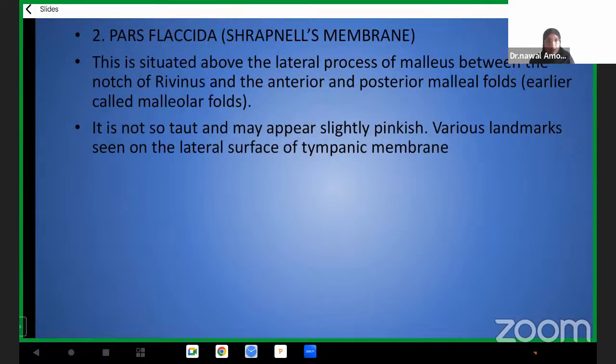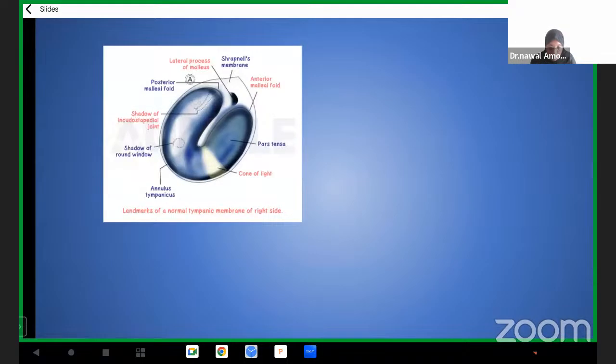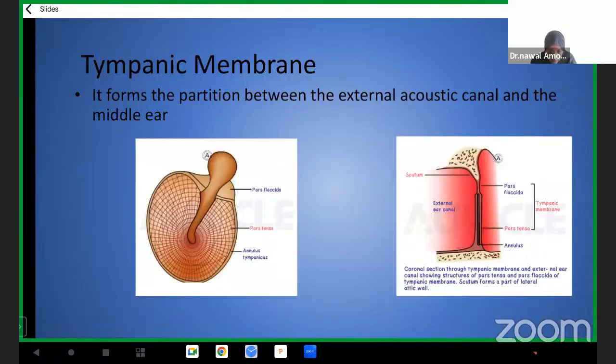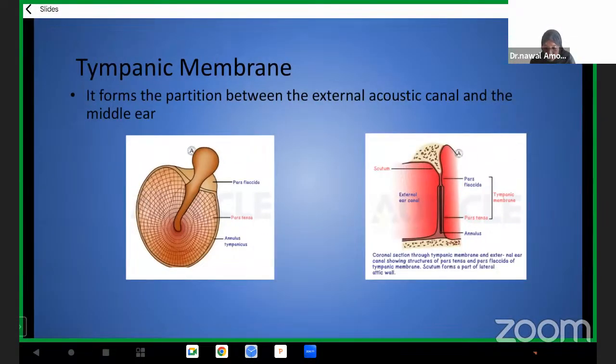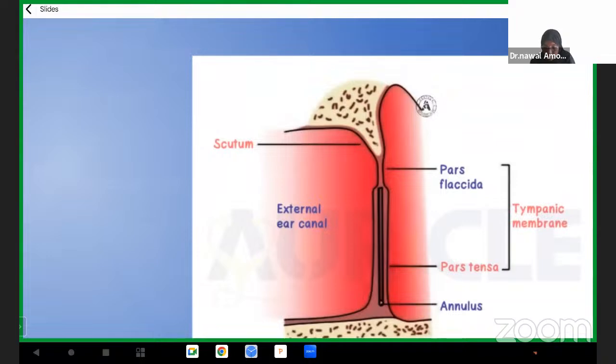Now coming to pars flaccida, also known as Shrapnel's membrane. This is situated above the lateral process of malleus. Going back to the diagram, pars flaccida is this one. It is the most upper part.